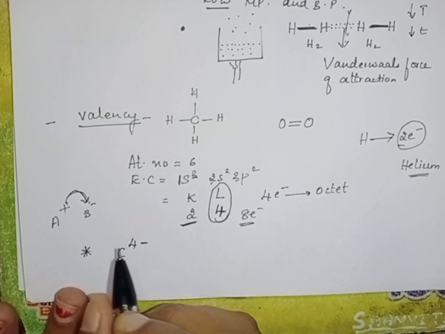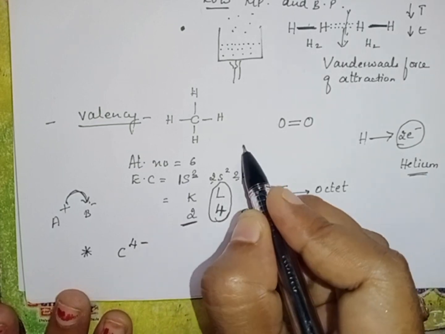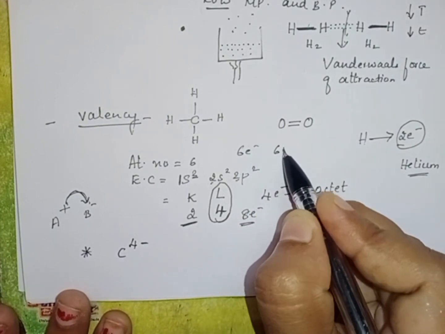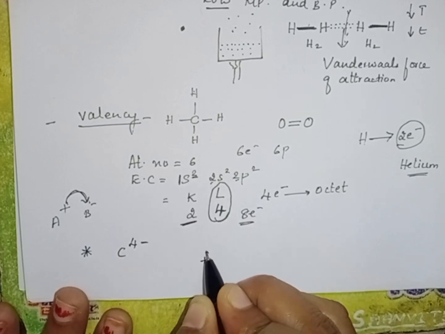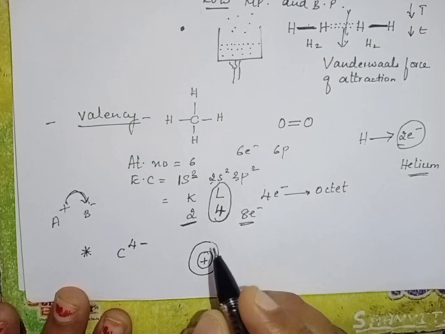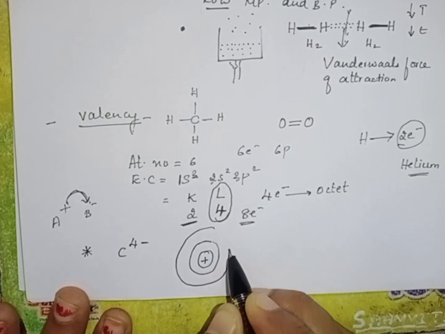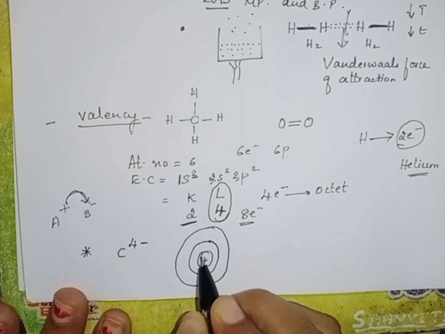See, atomic number 6 means carbon has 6 electrons and 6 protons. See, this is the atom. These are the 2 shells. In the nucleus, there are 6 protons.